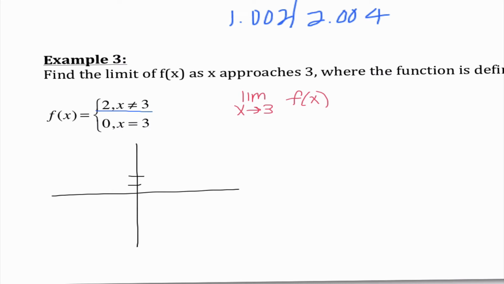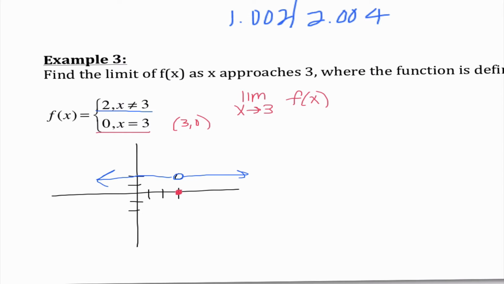So if I have a graph of y equals 2 except when x equals 3, that means that there's a little hole there at 3, and otherwise I just have this nice horizontal line. My second portion says f of x equals 0 when x equals 3, so that actually gives us an ordered pair of (3, 0). So I'm going to go ahead and plot that point.